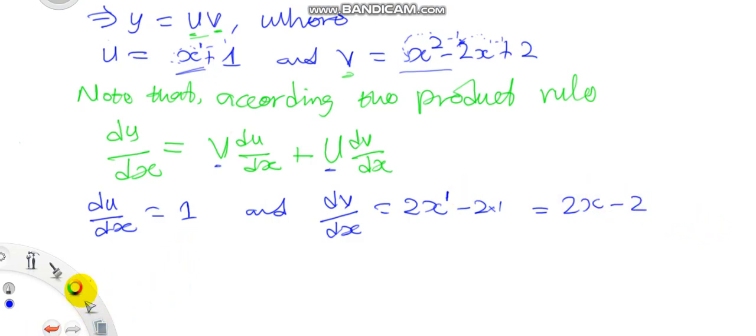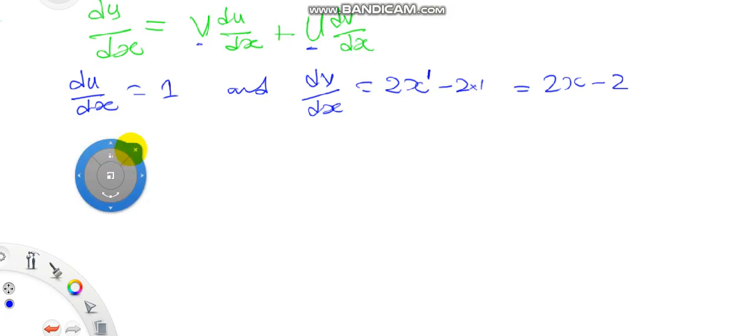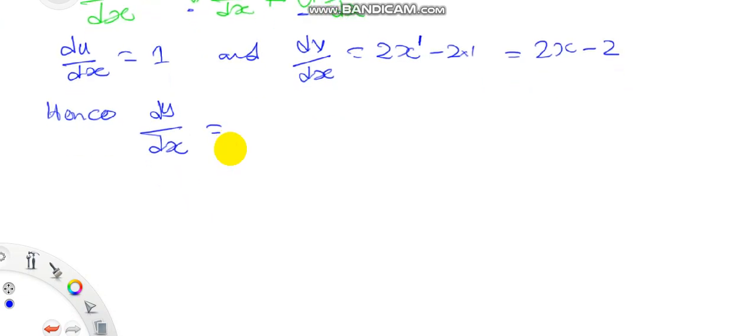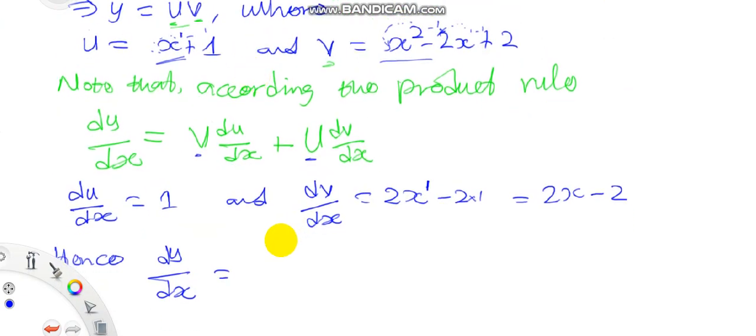Hence dy dx is now equal to v, x squared minus 2x plus 2, multiplied by du dx, which is 1. Multiplying v by 1 is just going to be that.